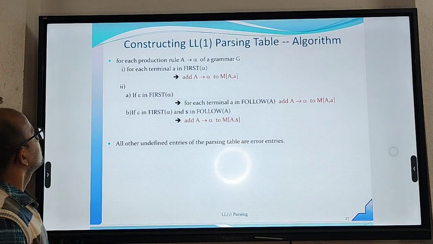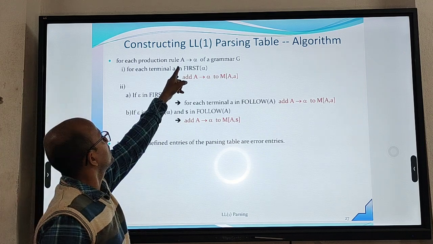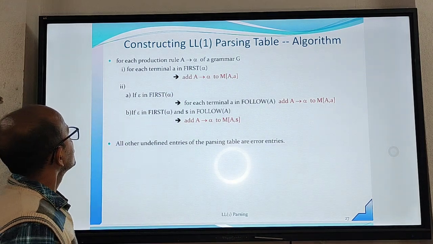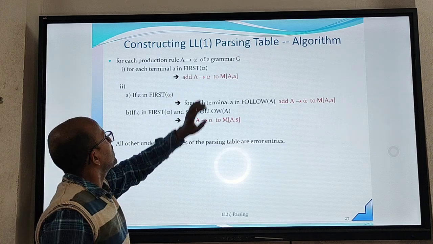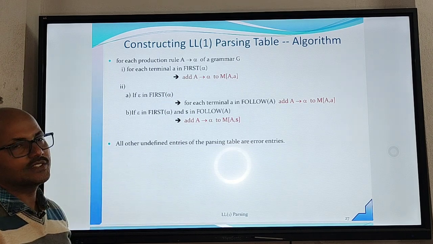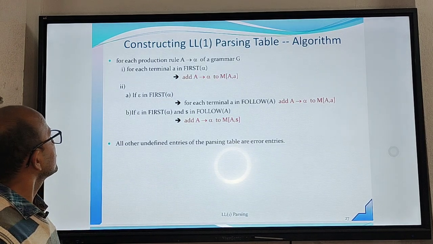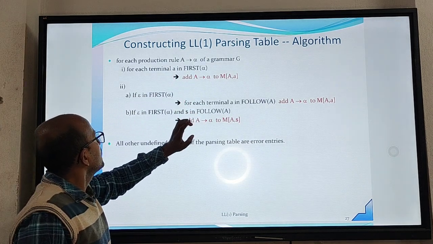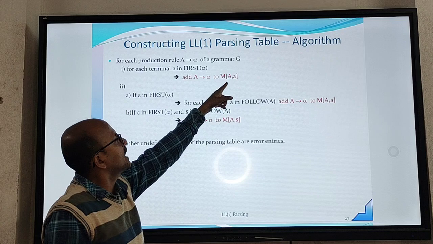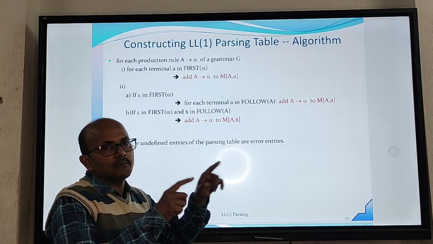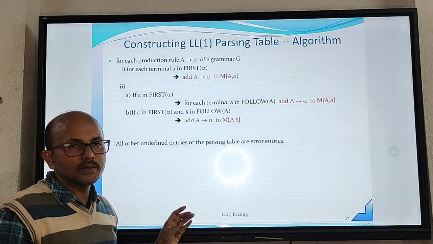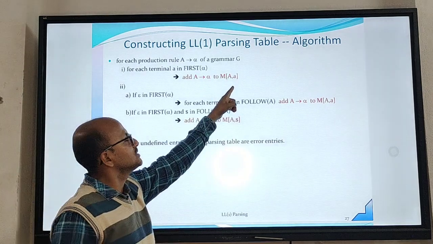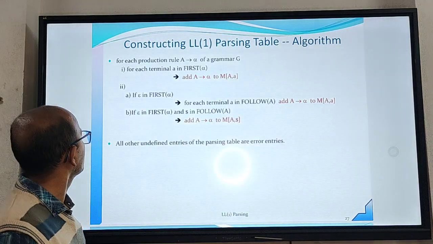Look, we have a production rule, A produces alpha. Now, what is the first of alpha? First of right hand side, we have a set. Now for each terminal a in the first of alpha, add this production to M[A, a], where M is the parsing table, A is the non-terminal which corresponds to the rows of your table, and a is the terminal symbol which corresponds to the column of your table.